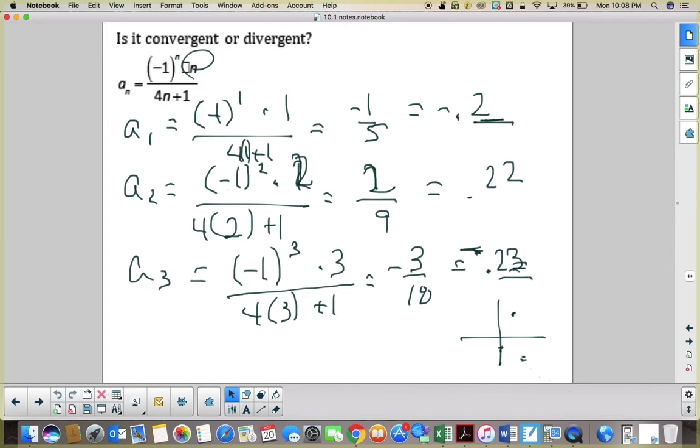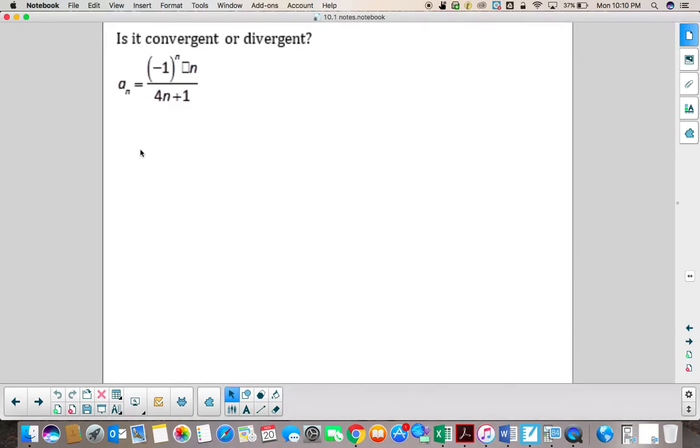You're going further down, not converging closer to a point. You're getting farther away on this side and probably on that side. So this is divergent. It's hard to see unless you look closer. On the other graph we were getting closer and closer to 0. Yes, we were fluctuating between negatives and positives, but we were cutting that value in half. So this diverges. It's not going to approach any specific value.